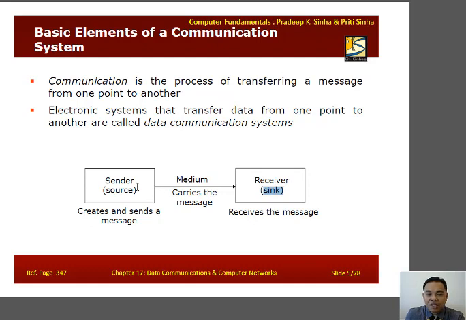The data created by the sender will pass through the medium, and this medium will carry the message going to the receiver. Communication is the process of transferring a message from one point to another. Since we are talking about digital communication or electronic systems that transfer data from one point to another, this is what we call data communication systems.